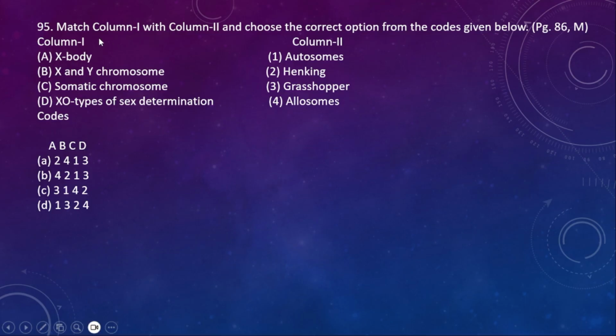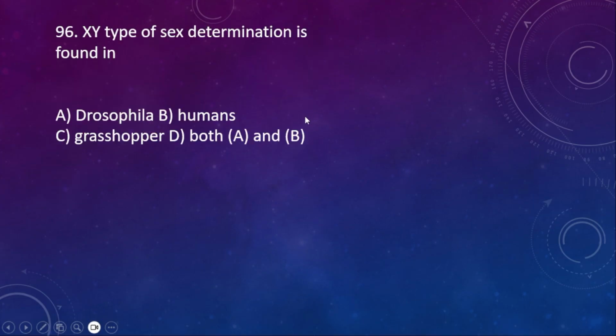The X body term was given by Henking, so A is 2. B, XY chromosome is for allosomes. So here the right option is option A.